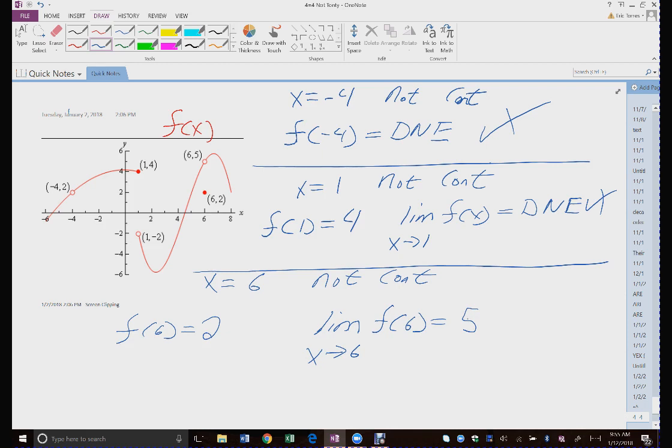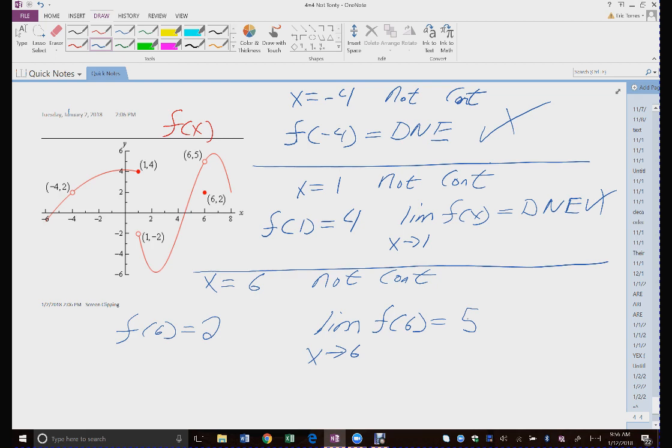So there is a point on the function for that x value. There is a limit as x approaches 6 on the function. So neither one of those techniques were allowed to work this time. I have to come up with a new justification.